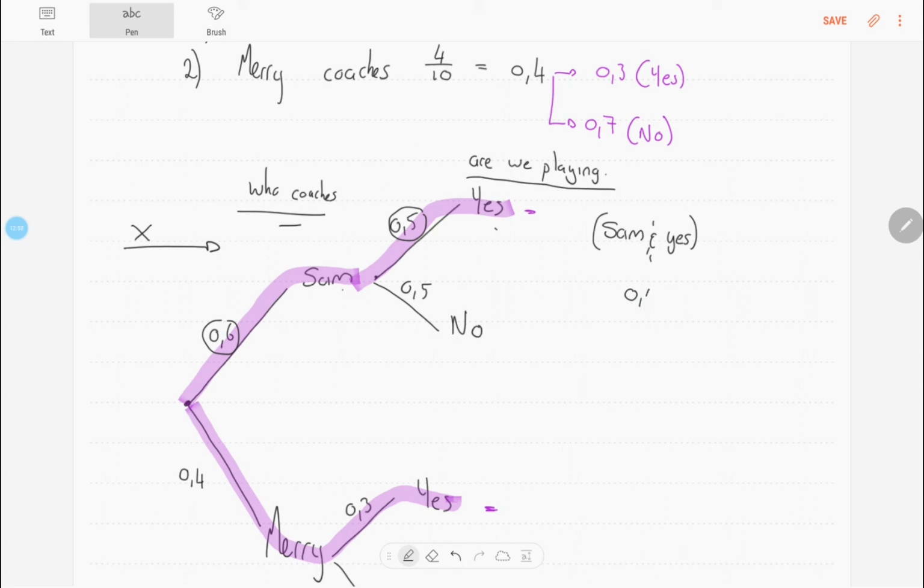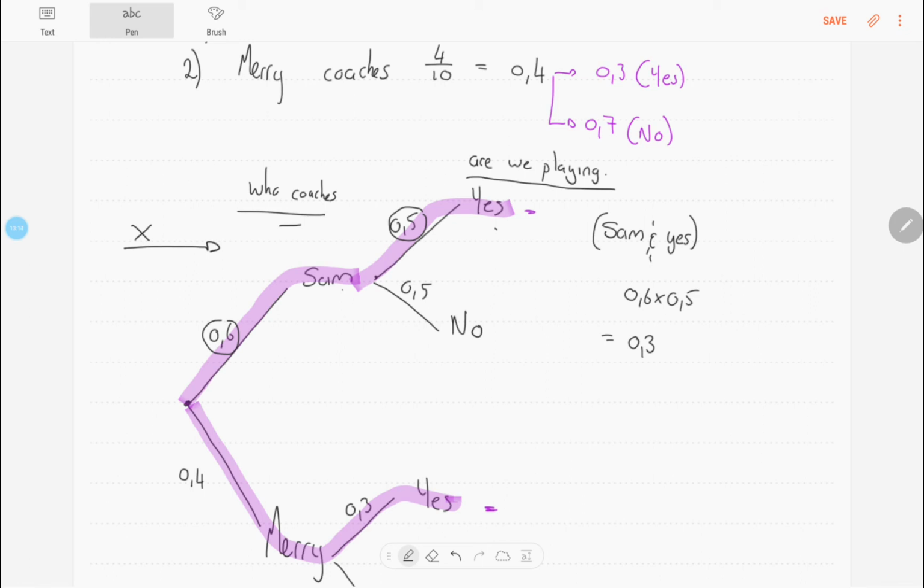So I go 0.6 times 0.5, which gives me 0.3 probability of playing. In other words, a 30% chance of playing.